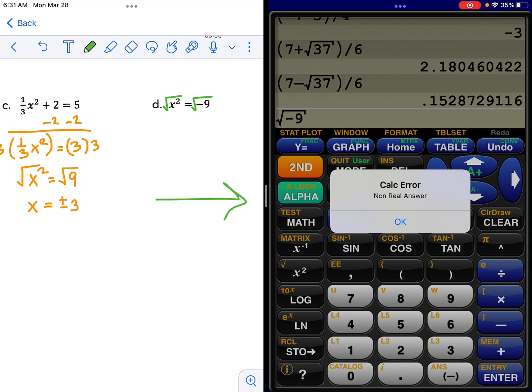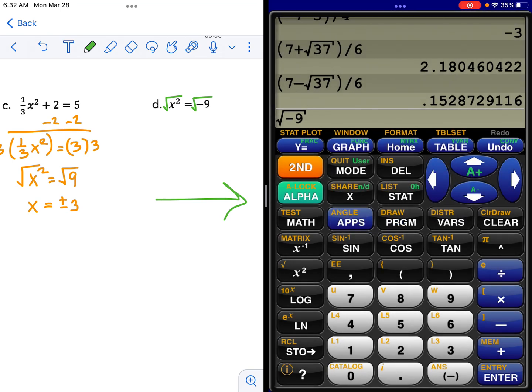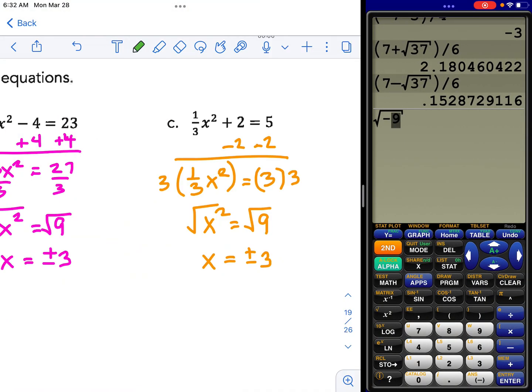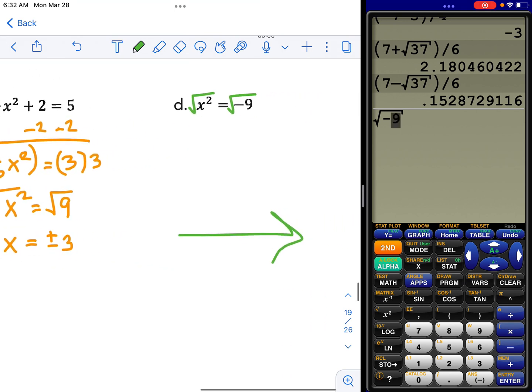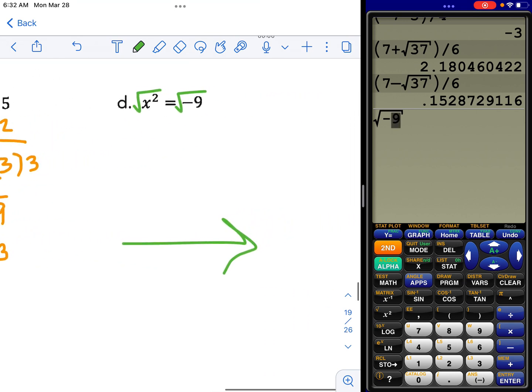That error I'm getting on my calculator, it says non-real answer, means the answer is imaginary. It's not real. I know it sounds a little silly. Technically it's complex, but it can't be solved using the numbers on the real number line. So we need a technique to process this and identify it as a non-real answer. And that's where the imaginary notation, I'm going to call it, comes into play.